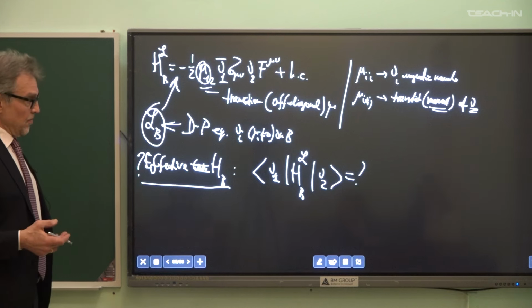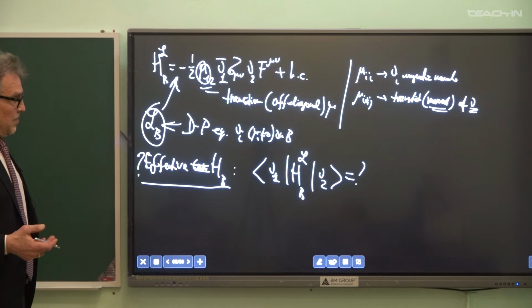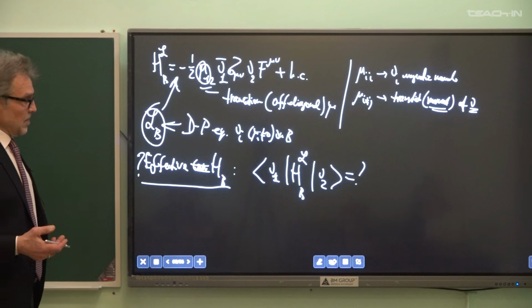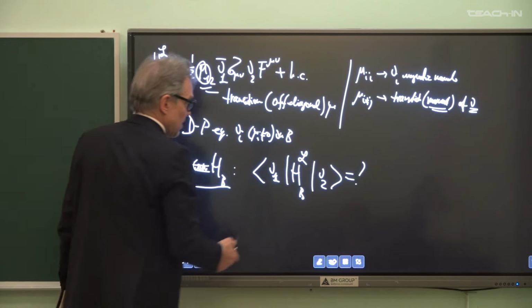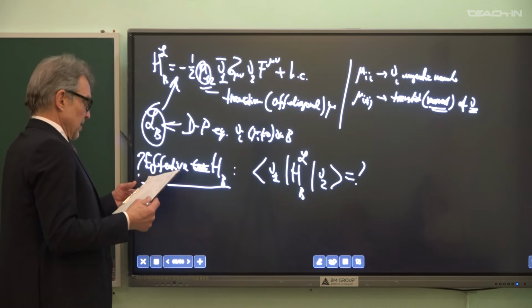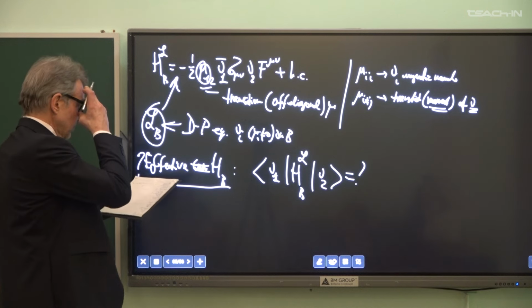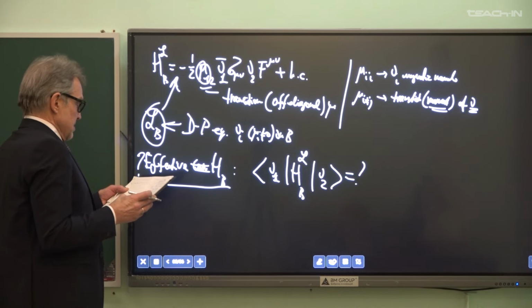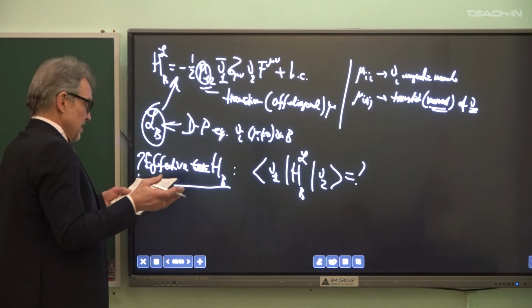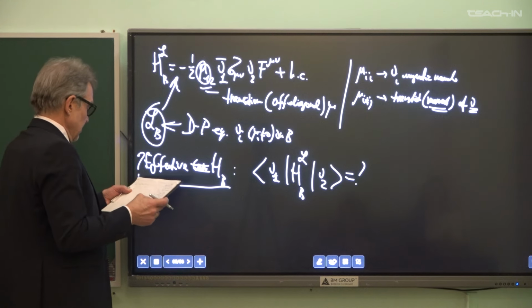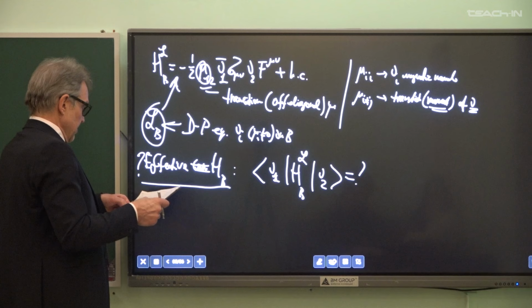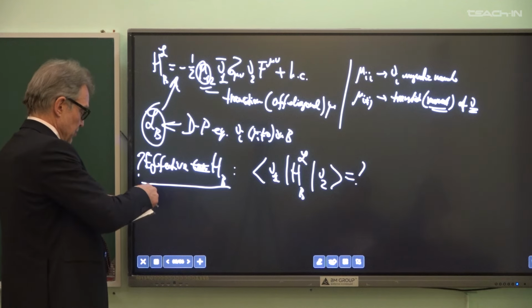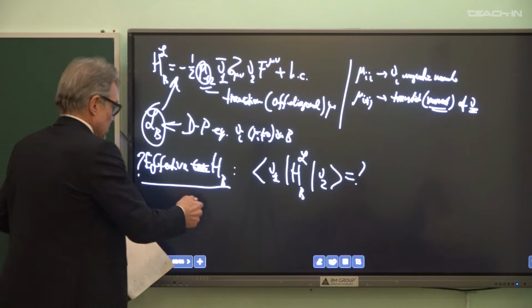But we choose now, as an example, the field to be a constant magnetic field. So we have to calculate this kind of terms. Let's start realizing this project.